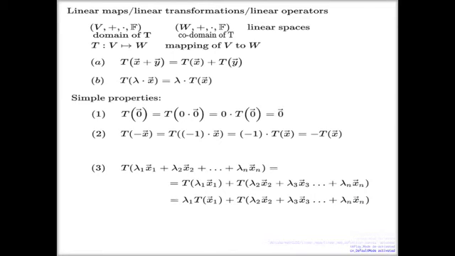And now it's time to do the step of induction, isn't it? Because look at this. We're looking now at T applied to a linear combination, but the number of elements in my linear combination is one less. Originally, I had n elements here. Now I have n minus 1.